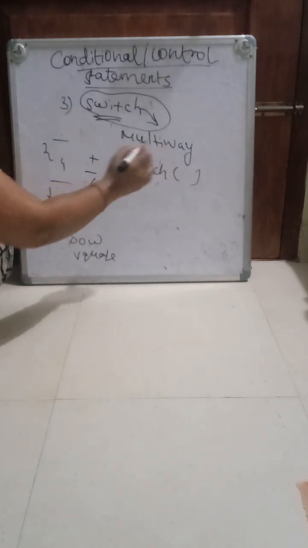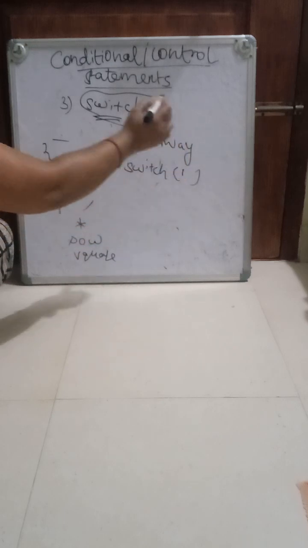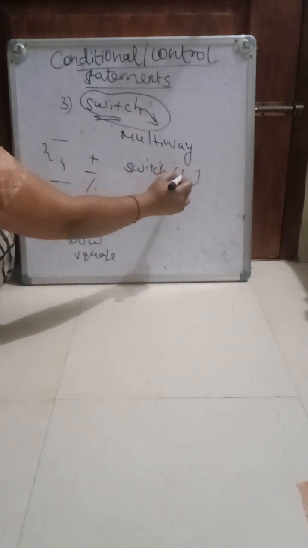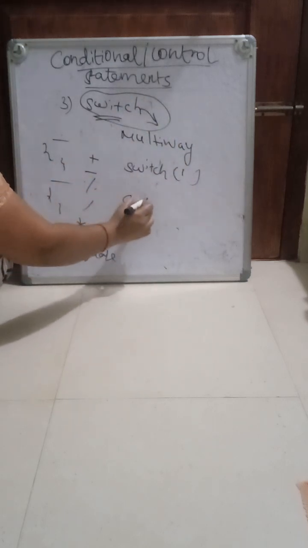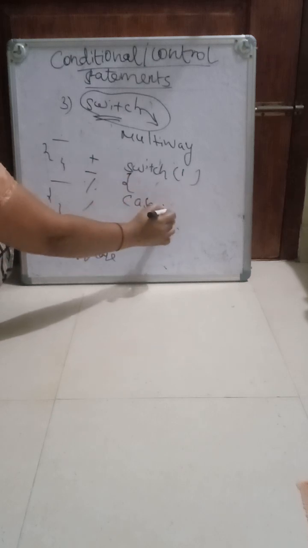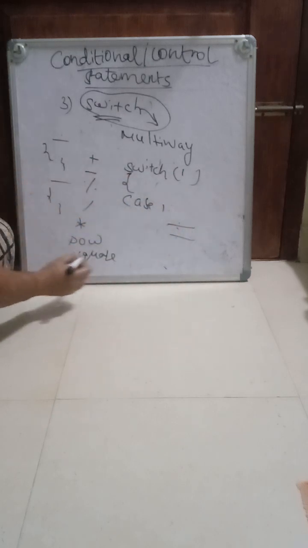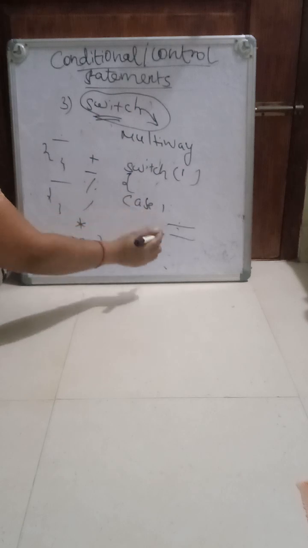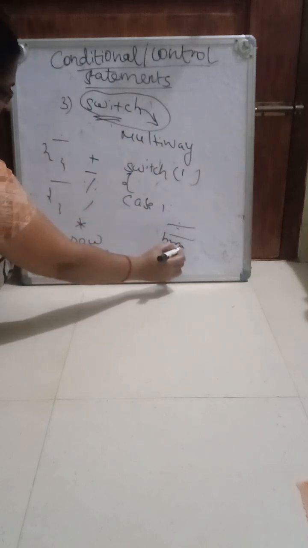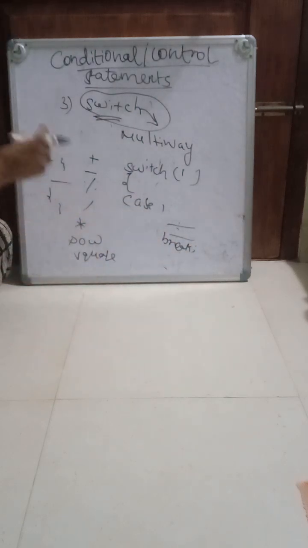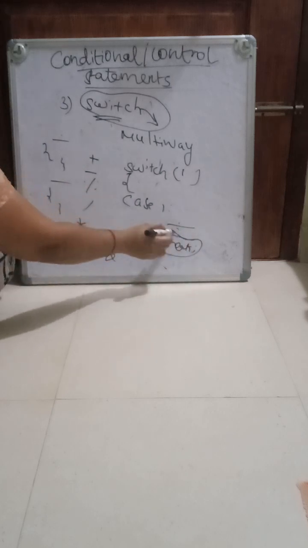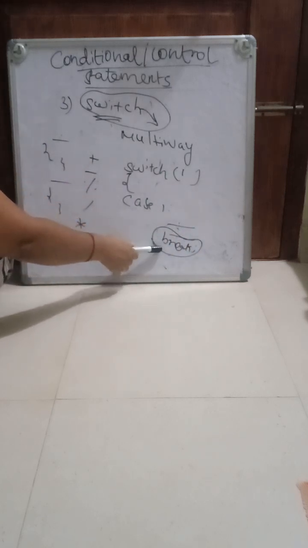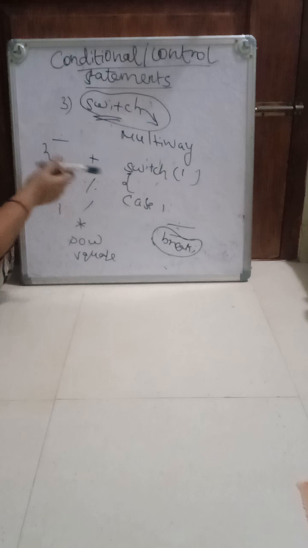So what option are you going to give? For example, if I give option 1, in case 1 I have an arithmetic operation. Each and every case must end with a break statement. What is the use of the break statement? We use a break statement to come out of a certain block or loop.